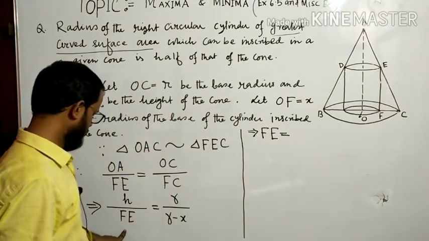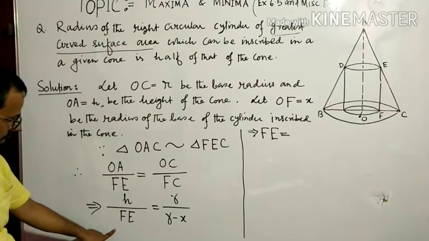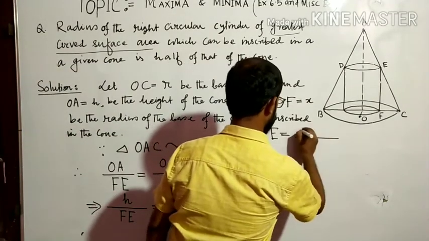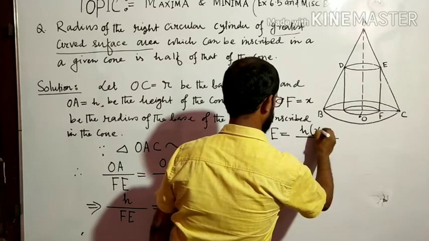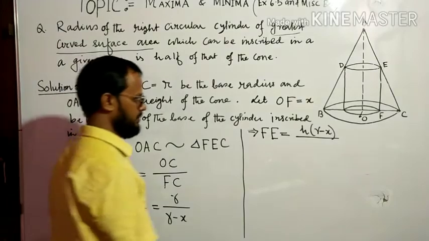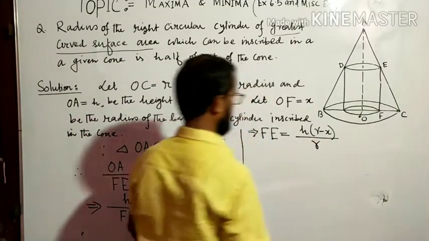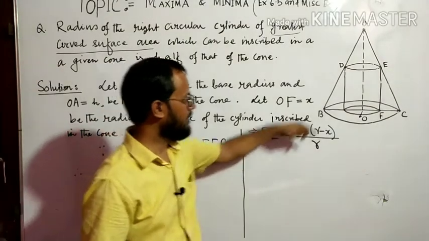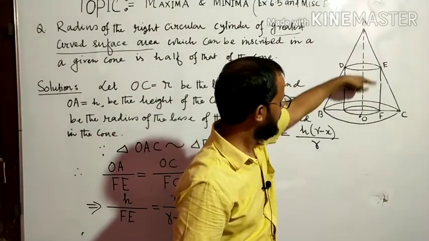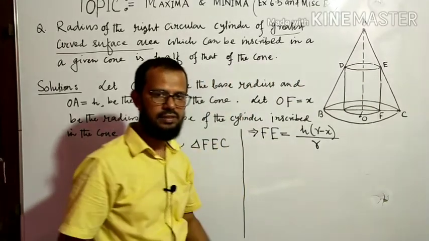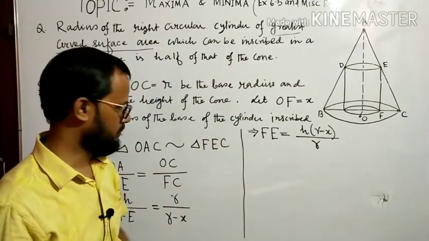Cross multiplying, FE equals H times (R minus X) divided by R. You just calculate, okay? This is your FE, and this FE is nothing but the height of the cylinder inscribed in the cone.